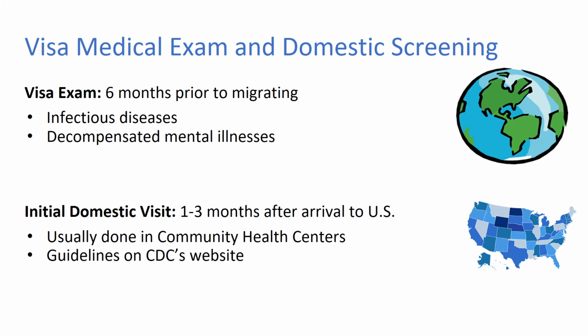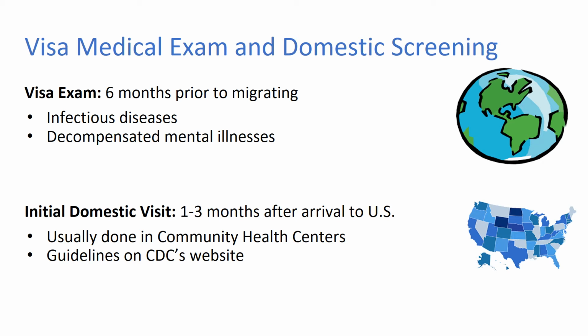Very quickly, I want to mention what type of screenings and healthcare all refugees get before coming to the U.S. Refugees will have undergone a visa medical screening and a domestic medical screening before their initial primary care visit, or if you're seeing them in the emergency care setting. The visa exam, which is usually done 6 months prior to migrating, includes some infectious diseases and decompensated mental illnesses.